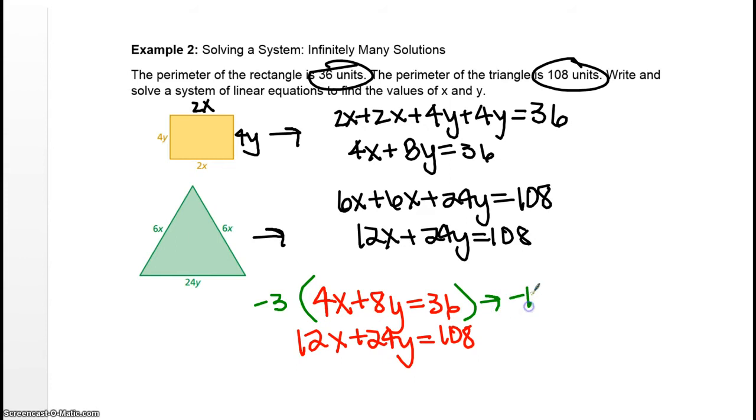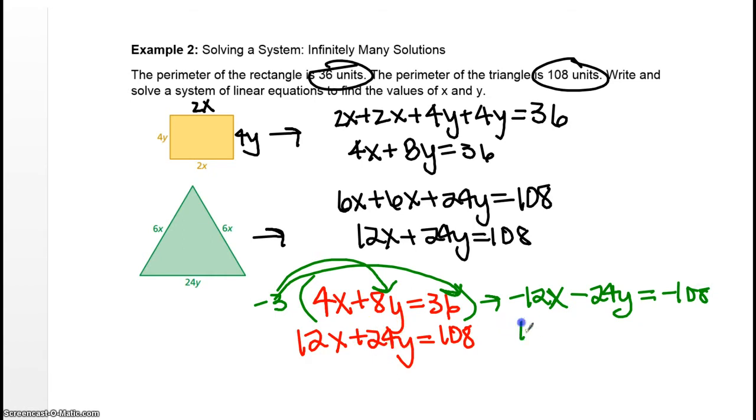Okay, so this is now negative 12x plus negative 3 times 8y is actually going to be minus 24y equals 36 times negative 3, which is negative 108. Okay, my second system, I didn't change it, so it's still 12x plus 24y is equal to 108.